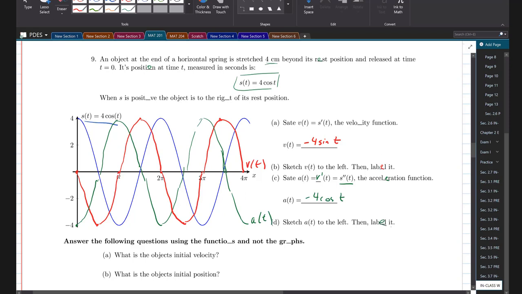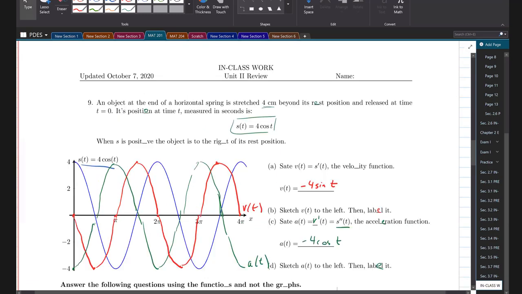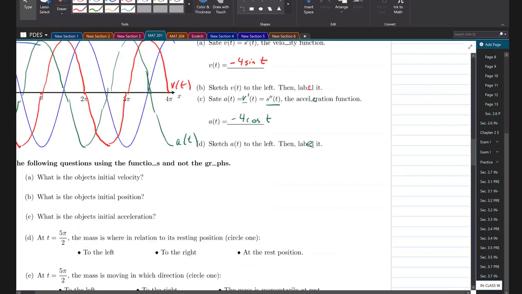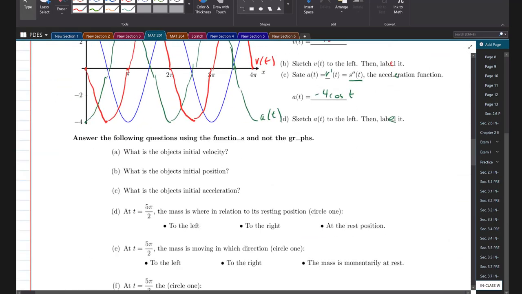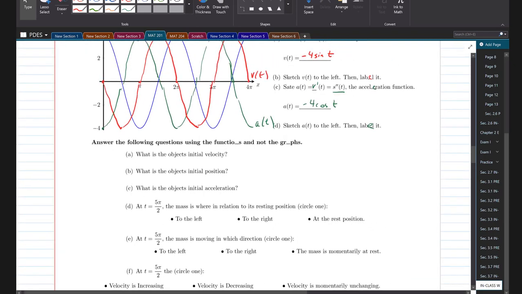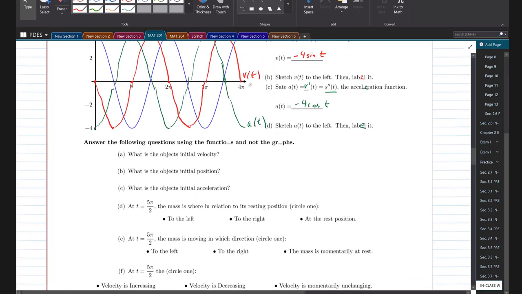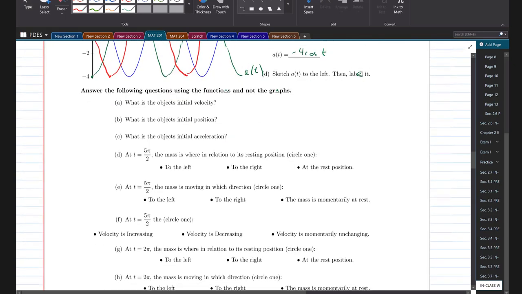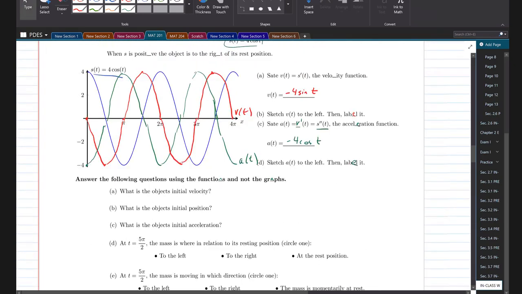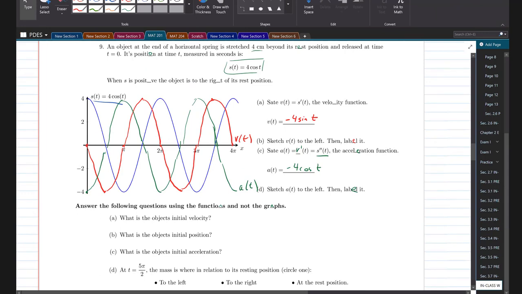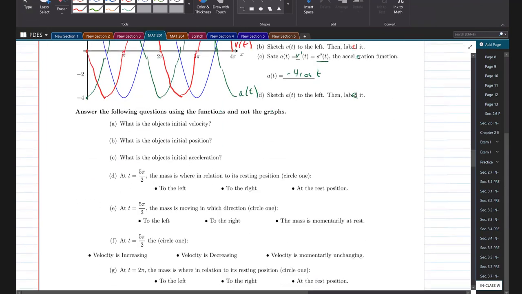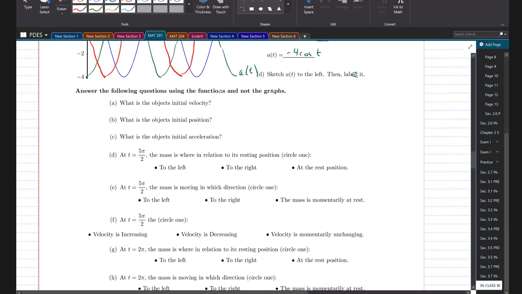At this point you can answer a whole bunch of questions here. I'm asking you not to use the graphs, but to actually get the information from the functions. Some of the information you can read from the graphs, but some you may not be able to get straight from the graph. What is the object's initial velocity?